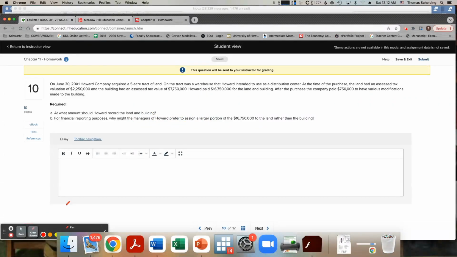Howard Company is going to buy some land. Howard Company is going to acquire a 5-acre tract of land. On that tract was a warehouse that they were going to use as a distribution center.